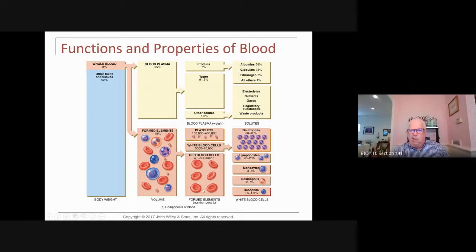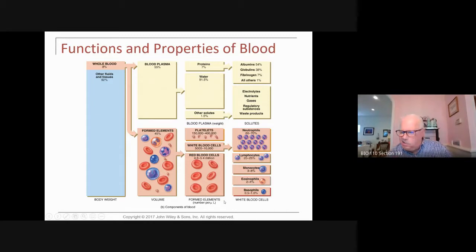There are 150,000 to 400,000 platelets in this tube of blood. There are 5,000 to 10,000 white cells in a microscopic section of blood. And there are between 4.8 and 5.4 million red cells.